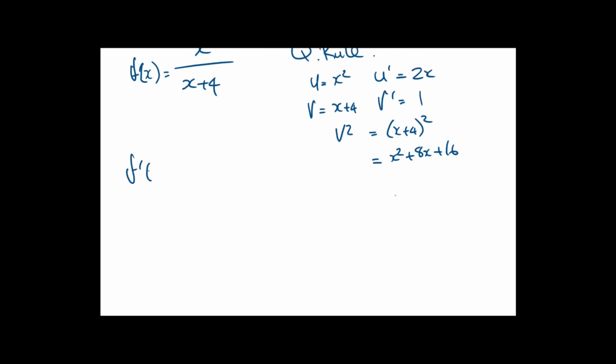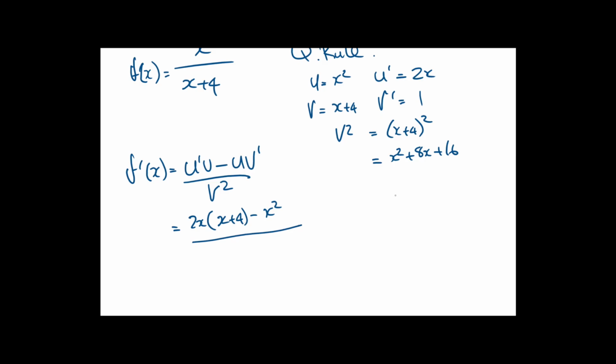So therefore f prime of x is always, it's just a matter of putting these in. So 2x times v, which is x plus 4, minus u, which is x squared, times 1, over this beastie here. Let's expand this out a bit.